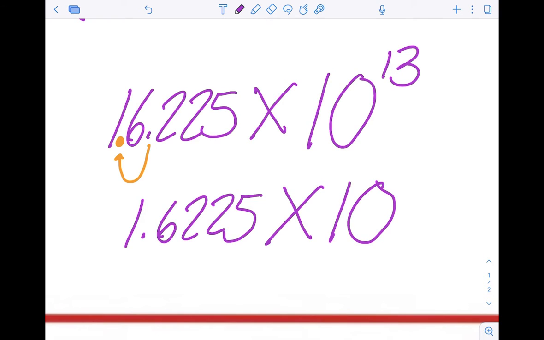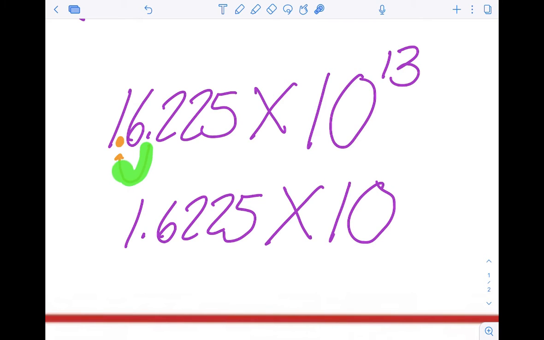Now here's the trick. I moved my decimal one time. So that's going to affect this 13 here.